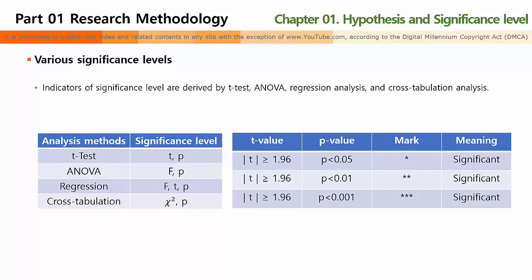Of course, we do not have to memorize this, because the researcher decides and annotates it. In general, the number of asterisks indicates the significance level of the p-value. One asterisk denotes the significance level of 0.05. Two asterisks denote the significance level of 0.01, and three asterisks denote a p-value of 0.001.